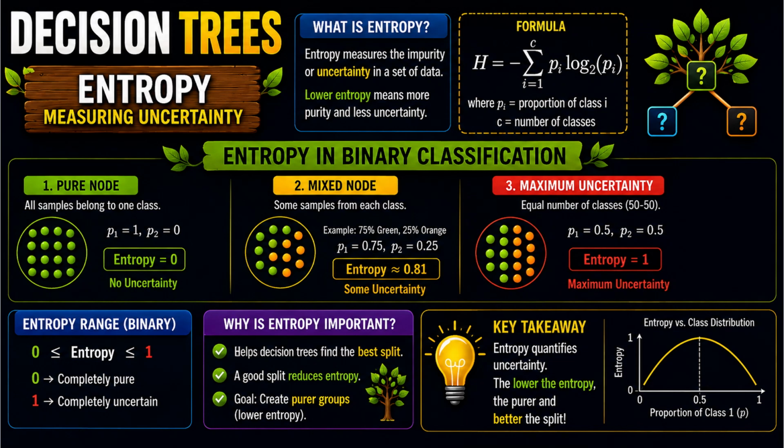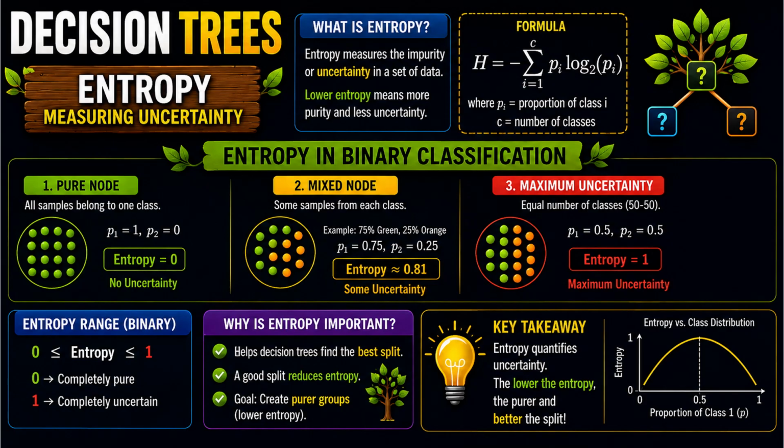So in binary classification, pure node means all the samples belong to one class. There is no uncertainty. Mixed nodes, some samples are there from each class. Example, 75% green and 25% orange. The entropy here works out to be 0.81, approximately, after applying the formula.